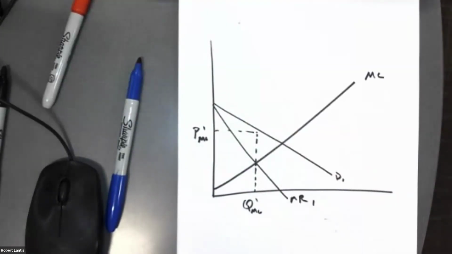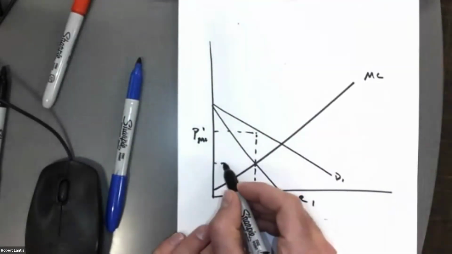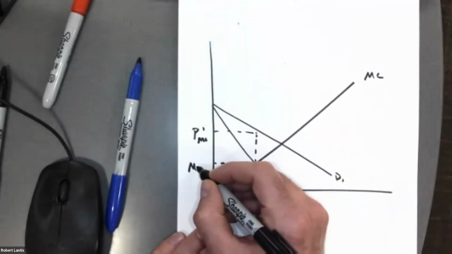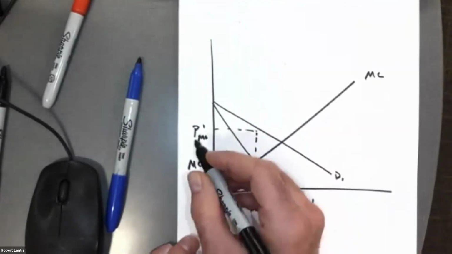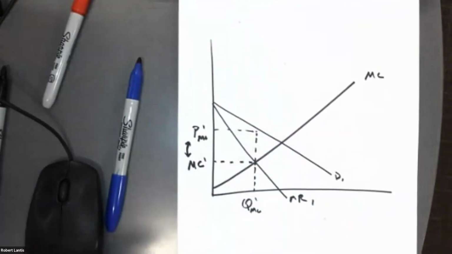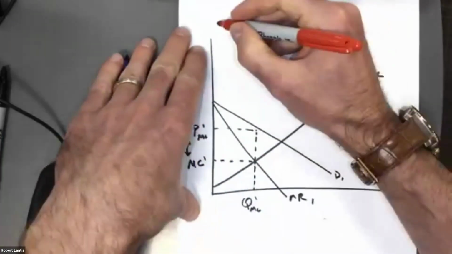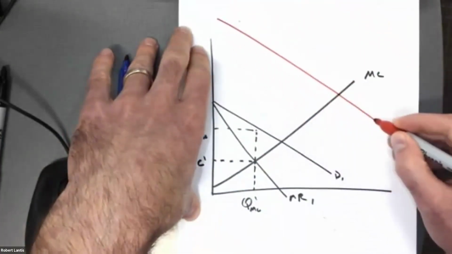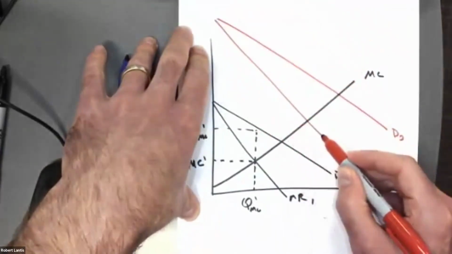Okay. So I kind of want to point something else out here. If I think about that markup, so here was my marginal cost. That markup, the difference between price and marginal cost, what happens as firms exit this market? I'm going to draw this really extreme. So I'm not going to change the slope of this demand and marginal revenue curve.